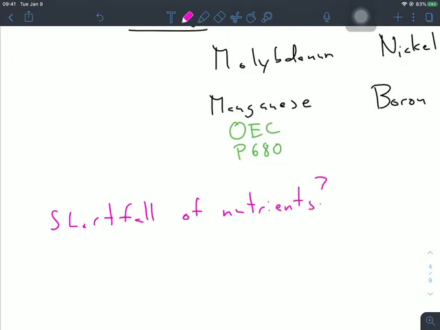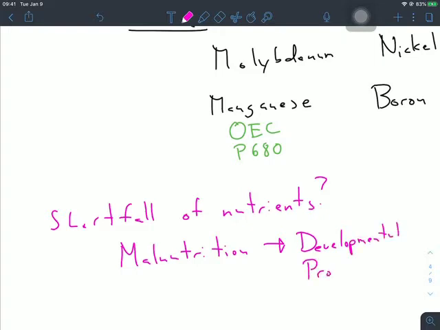Well, any kind of lack of nutrients or malnutrition in a plant is actually going to cause developmental problems. Meaning that the plant might not grow as tall or grow as strong or have a slightly weakened immune system, etc., etc. In the same way that malnutrition can mess with human development.